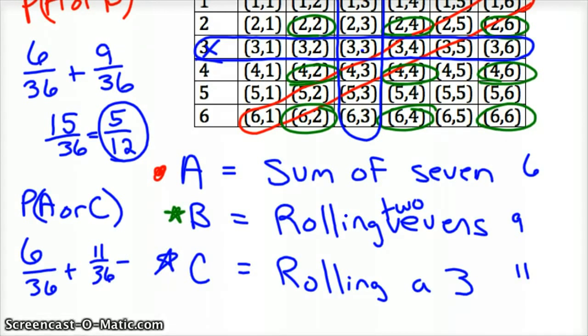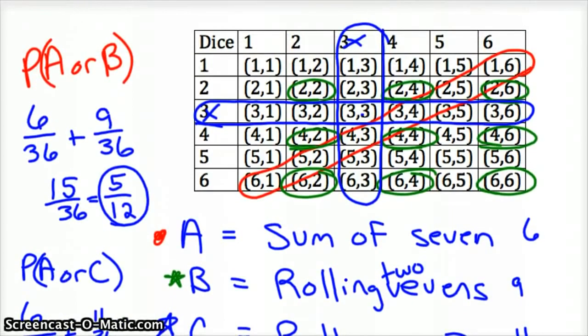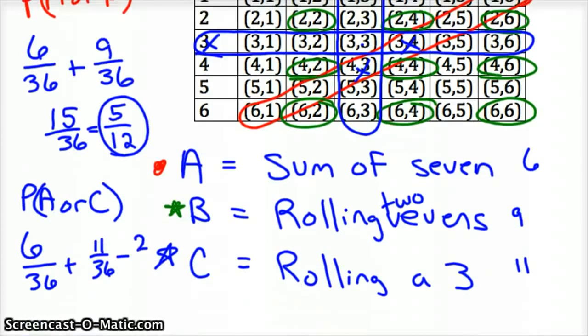Everything that's overlapping is this one here, this one here. It looks like just 2 of them are overlapping. So minus 2/36. And so this would add up to 15/36, which would reduce, you can take out a 3, to 5/12.